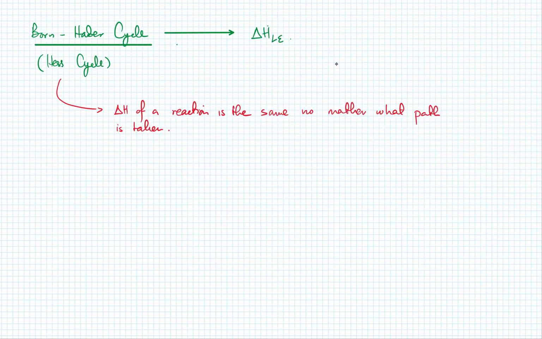So for example, if carbon reacts with oxygen and it ends up producing carbon dioxide, and this reaction has a certain enthalpy change, let's call that delta H1. There are a couple of ways you could have an alternate path.